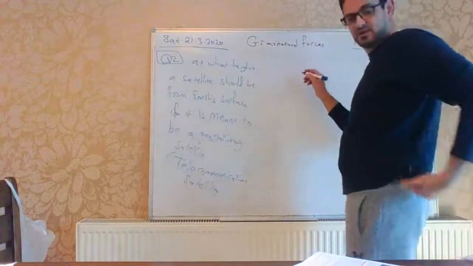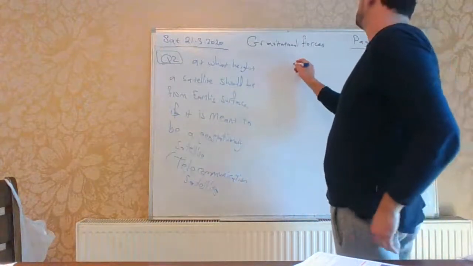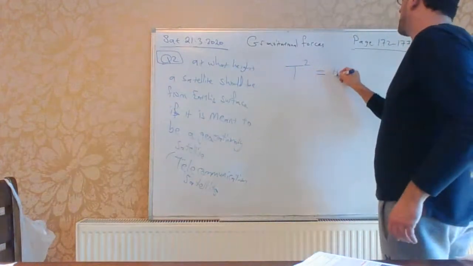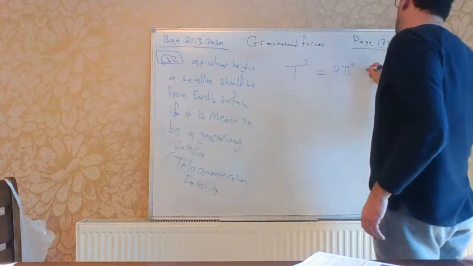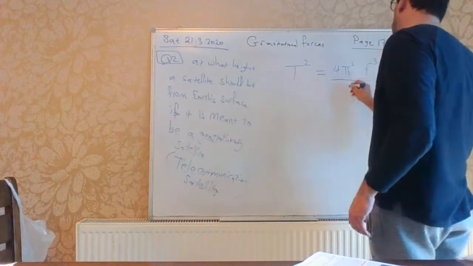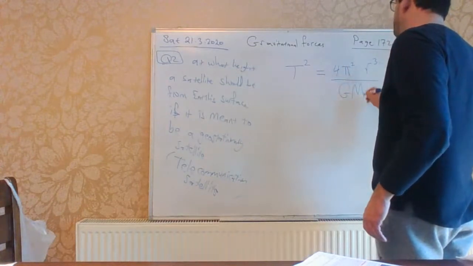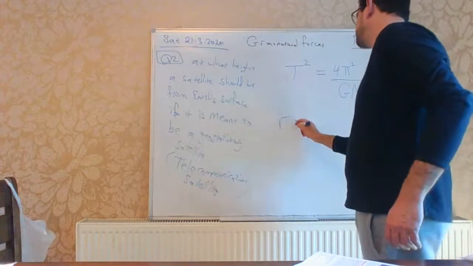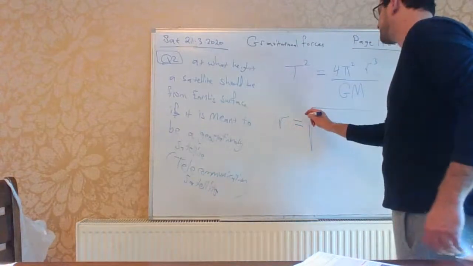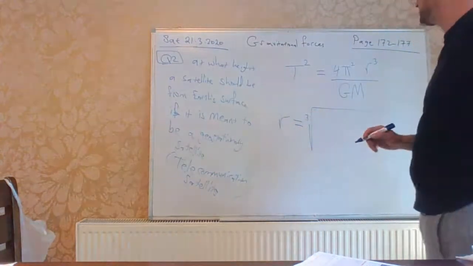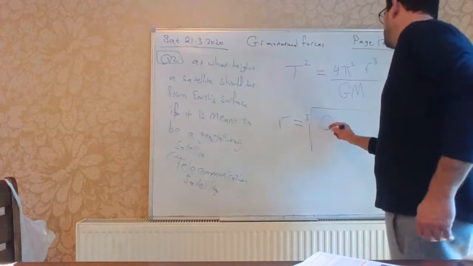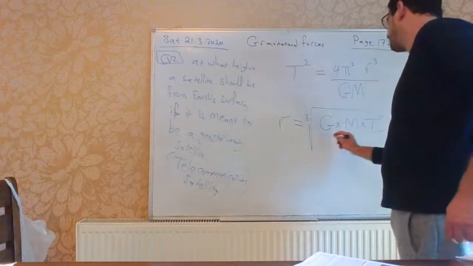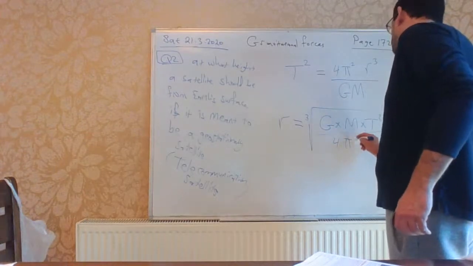We said that T squared should equal 4 pi squared r cubed over GM. So I want r, which is the third root of G times M times T squared over 4 pi squared.